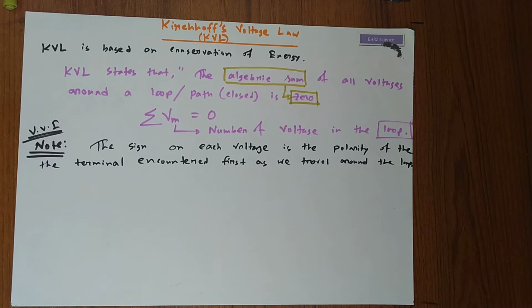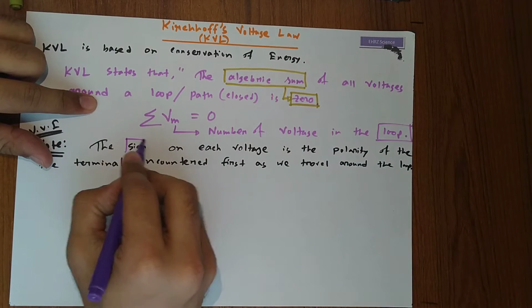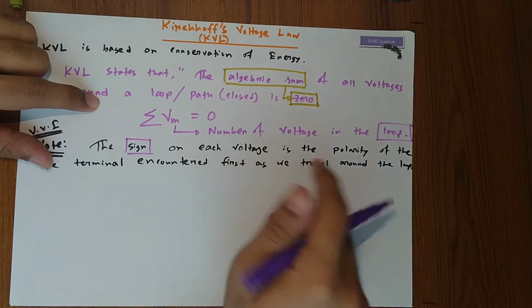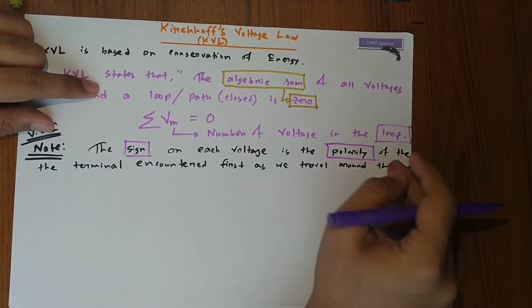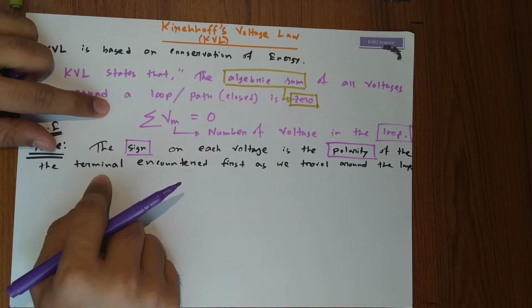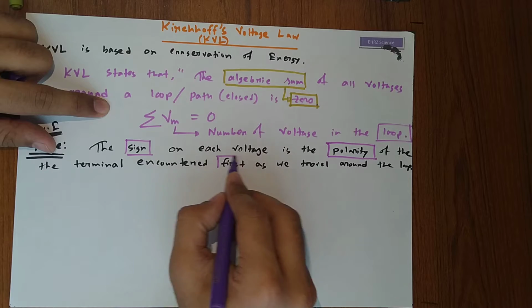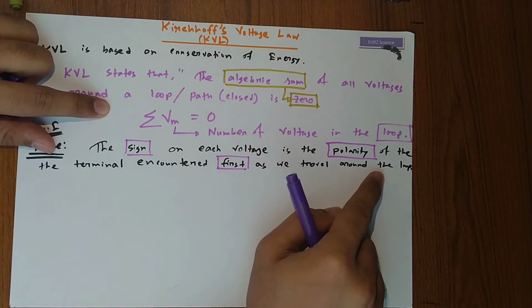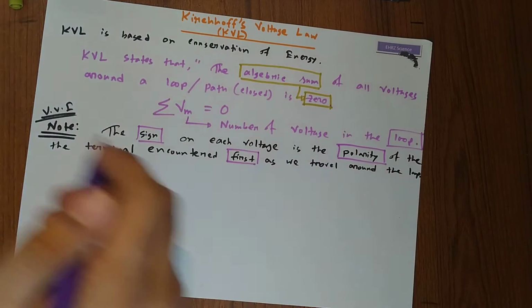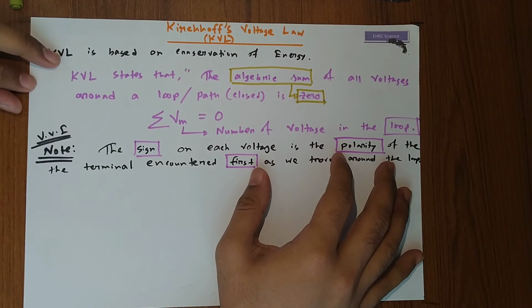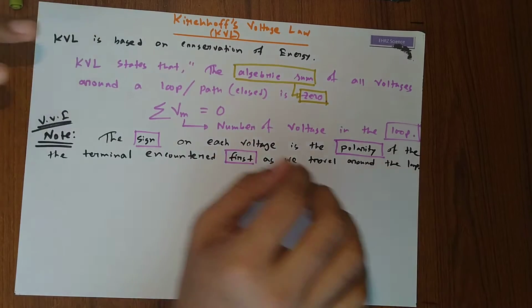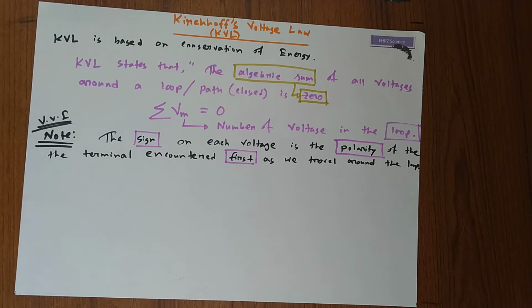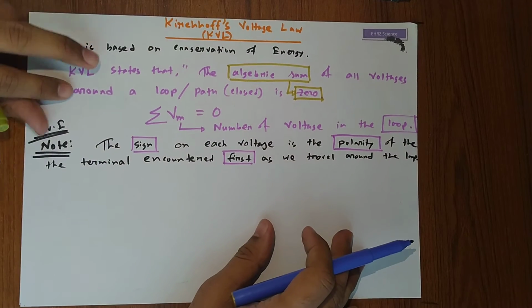Okay, see, the sign on each voltage is the polarity of the terminal encountered first as we travel around the loop. Now, in KVL, you can travel around the loop in both clockwise or anti-clockwise direction.